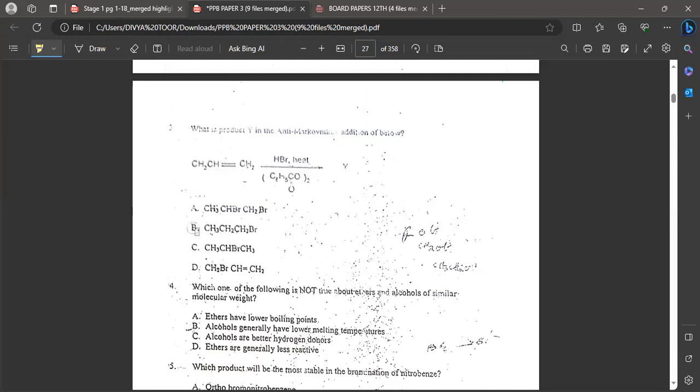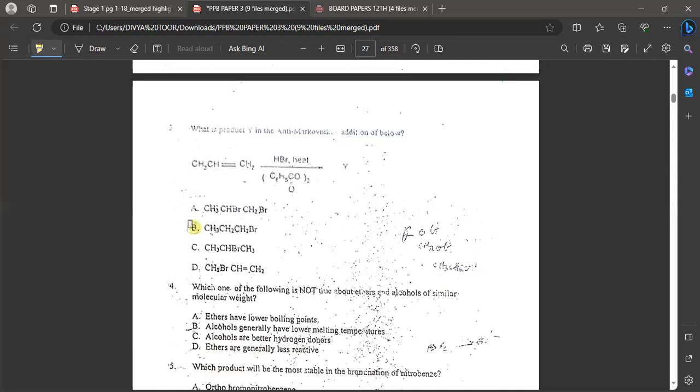Could it be B? By elimination, A is not there because they're not two Brs. And the double bond, this is 2, not 3. The double bond breaks, so I think it's B.